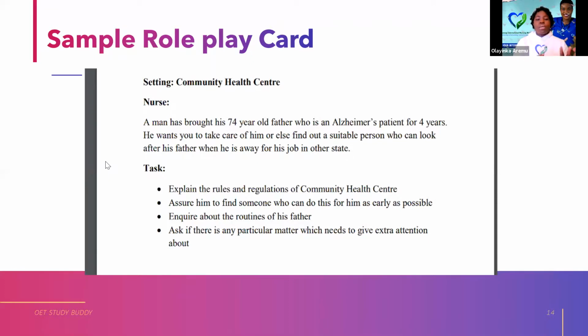All right, so you look at this. Your role play card is like this. It is different from the role play card of the patient or your interlocutor. You find the setting, the community health setting, you are the nurse, and this is what happens, and you have your task. They say you should explain the rules and regulations of the community health center, and assure him to find someone who can do this.